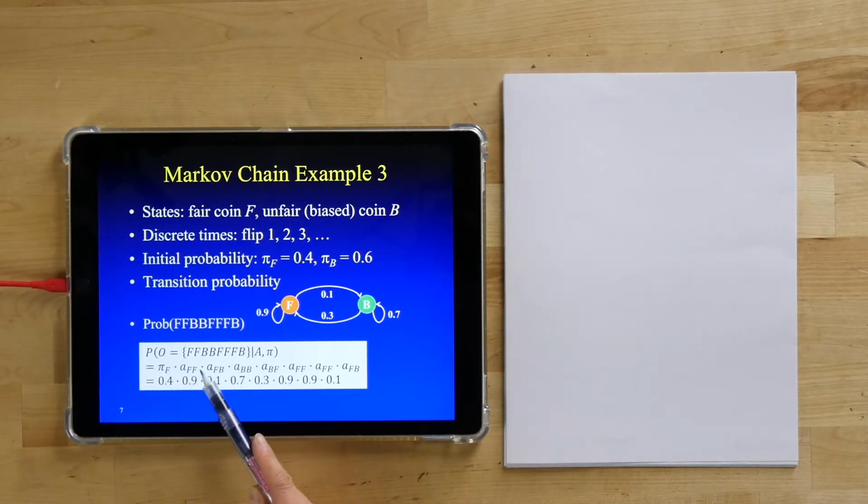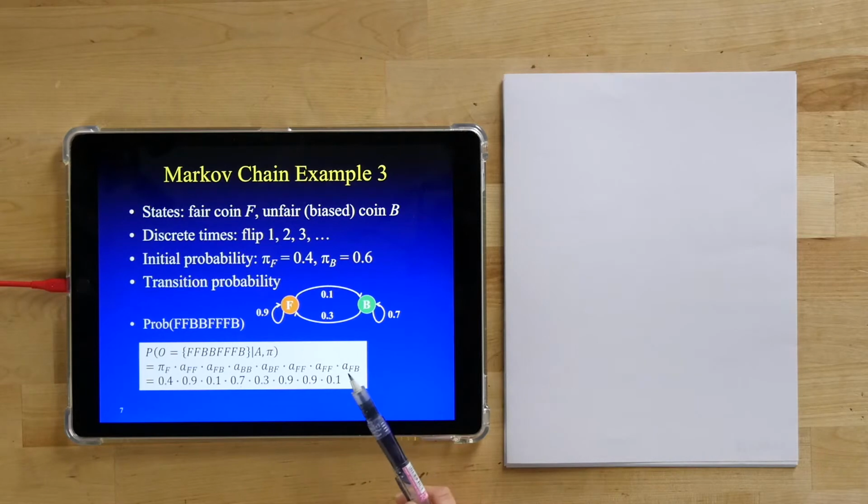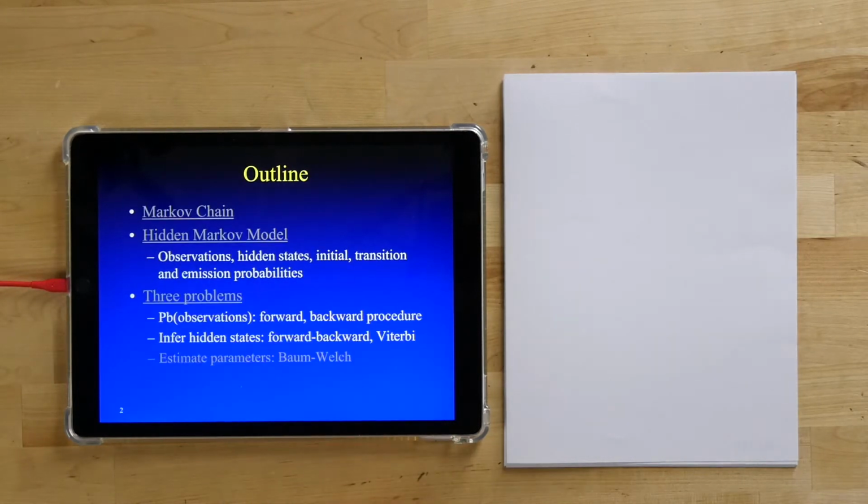And so the remaining ones are all transition probabilities, and you can just multiply their probabilities together and you will get a number. And so that's the probability given the initial probability and the transition probability. So that's Markov chain.